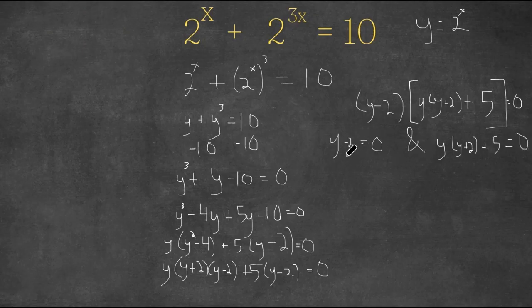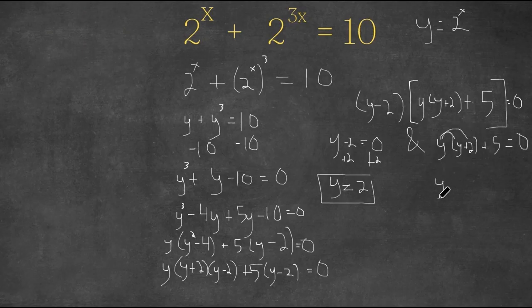Now let's solve our first one here. This one is really simple. We simply add 2 on both sides to isolate y, and we get y is equal to 0 plus 2, so y is equal to 2. And our next solution, well, let's first start by distributing our y here to y plus 2.